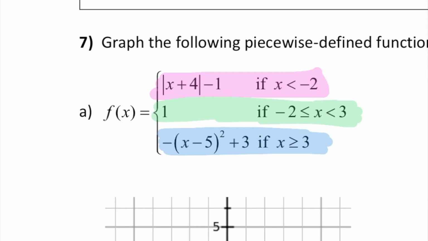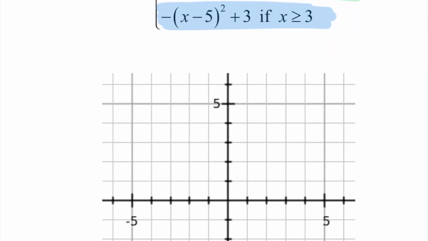And so the first part, the pink part, is the section of the graph that's the absolute value, and you understand the transformations. This is a shift to the left of 4 and a shift down of 1, and there's no vertical stretch or compression.